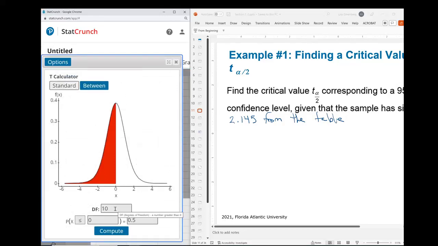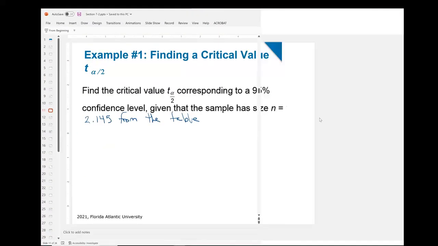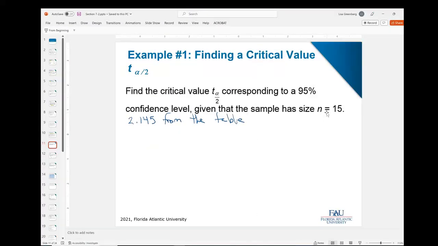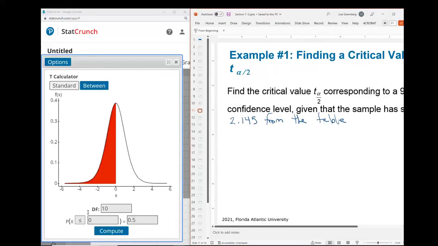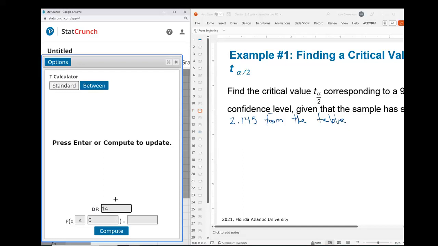And notice here, it says degrees of freedom. Our sample size, I believe, was 15, so our degrees of freedom is 14. So I need to change this to 14. And I want a 95.